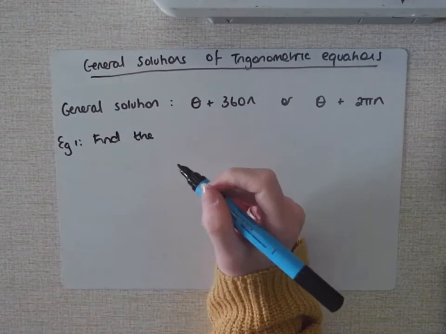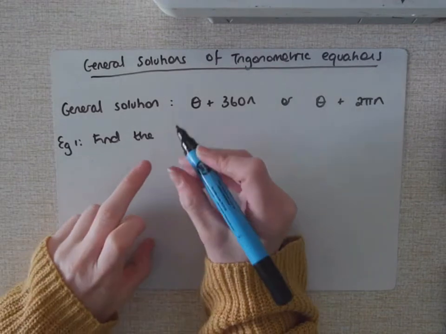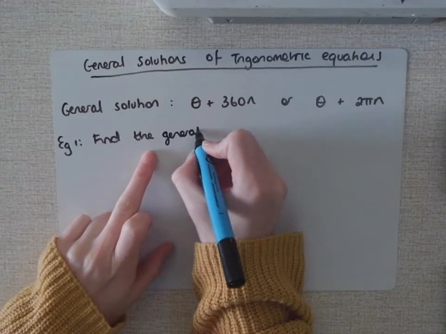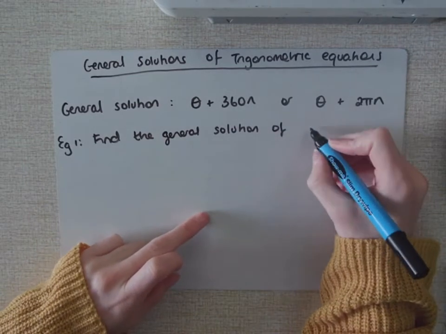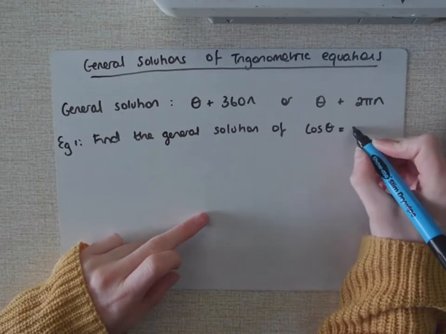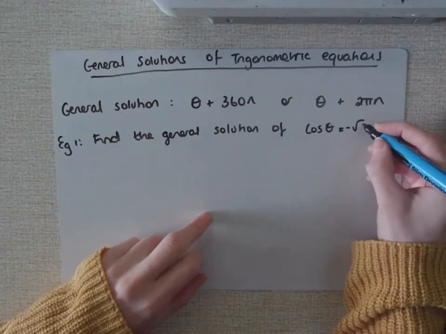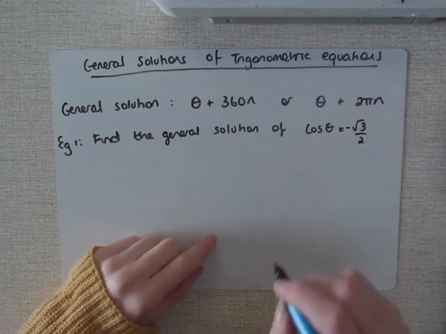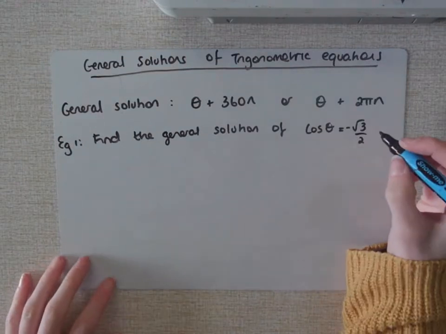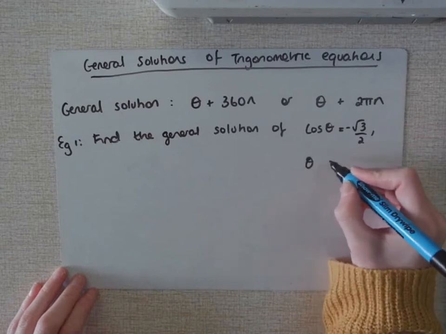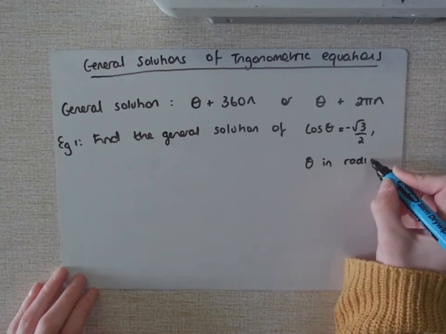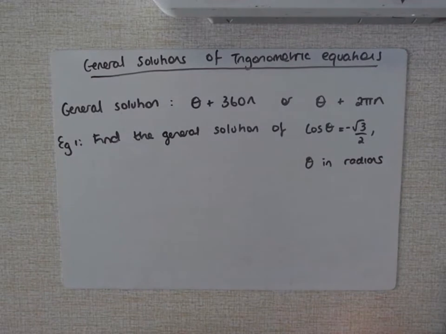They'll tell you how far to keep going, how many revolutions you need to do. So in this question, find the general solution of this, and they want theta in radians.